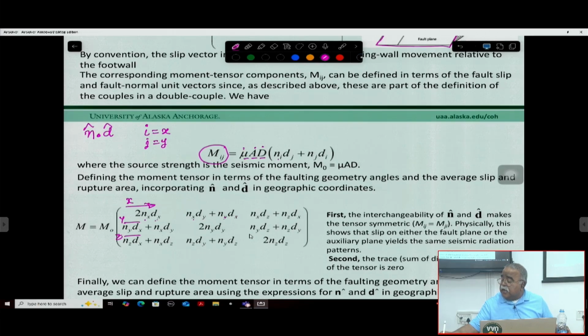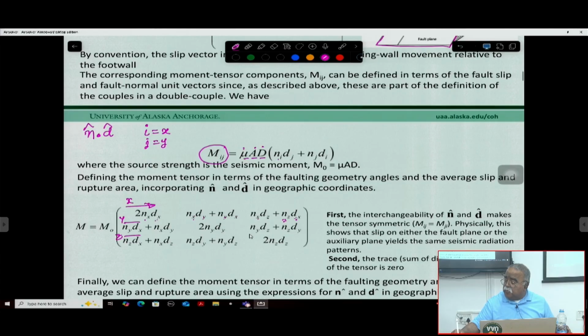So these are all nx plus nx, so this is 2nx dx. And this is x, this is y, and then you change the sign, ny dx, and then this is nx dy. And then you can write all the numbers down.